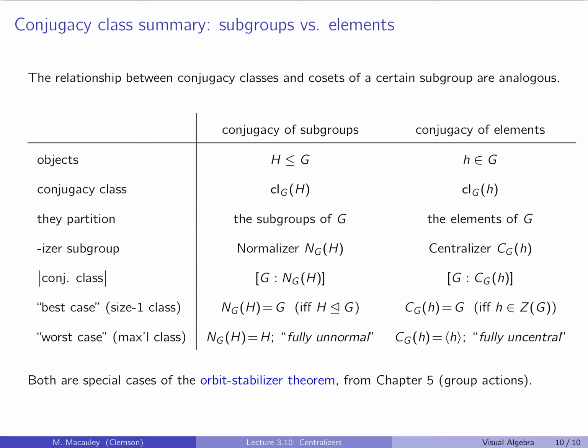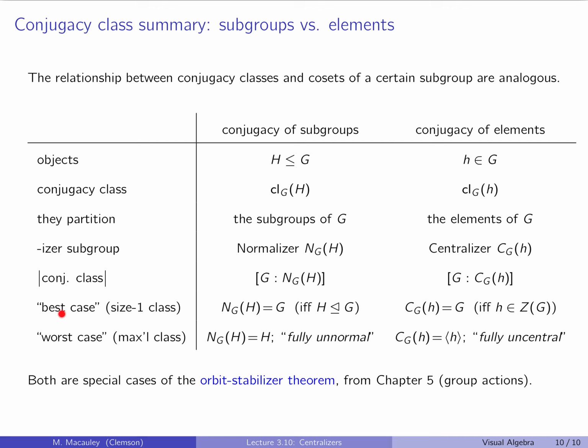But in the first case, they partition the subgroups of G, and in the second case, they partition the actual elements of G. Both of them have a related subgroup. For subgroups, this is the normalizer of H, and for elements, this is the centralizer. The size of the conjugacy class of a subgroup is the index of the normalizer, and for an element, it is the index of the centralizer.